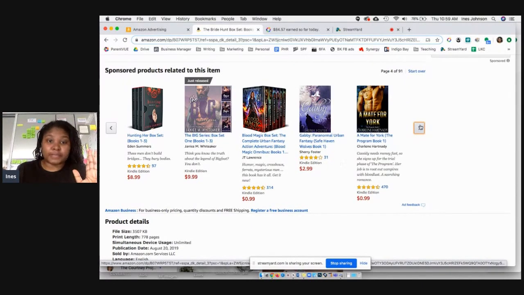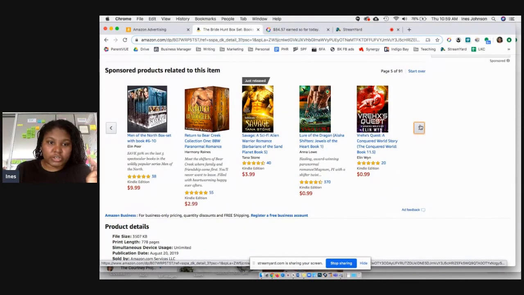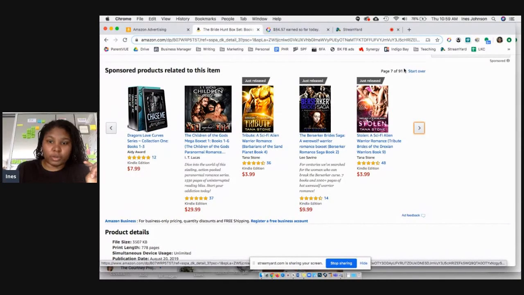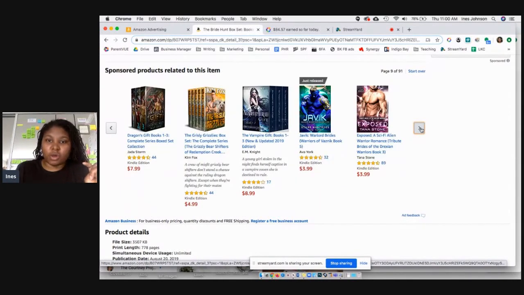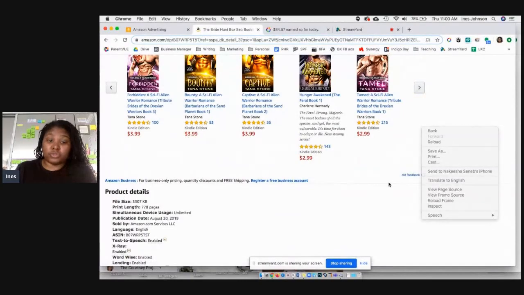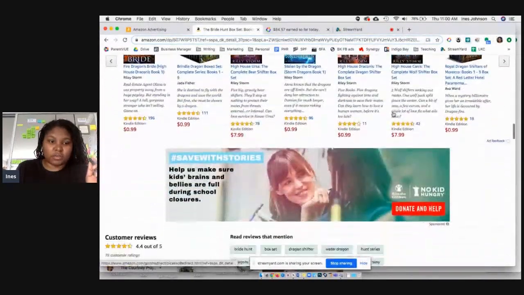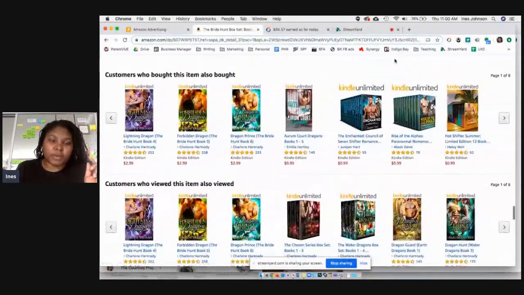So I stay away. You're going to start to see a lot of repeats. I would typically go through all 91 of these pages, and then I'd come back if someone looked really similar to me, I'd click on them, and I would do the same thing again and go through all the sponsored. I hate that Amazon has moved this down. Dang, they moved it all the way down to the bottom.